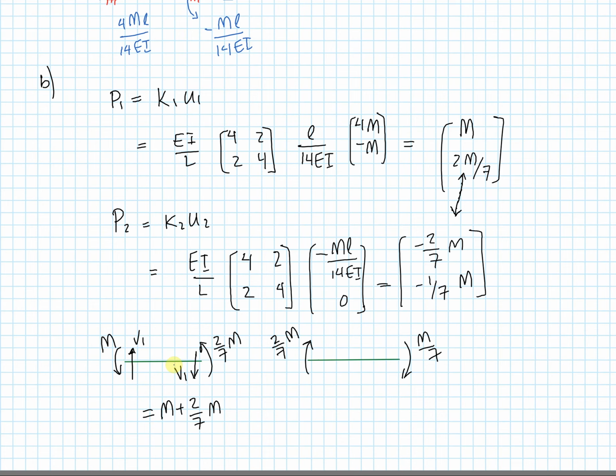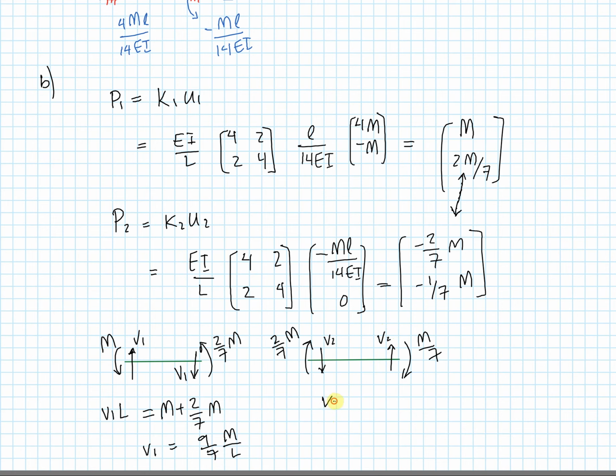So these are shear forces that are counteracting the moment, and we got V1 length L. And V1 is going to equal 9 over 7 m over L. At the same time, I got a V2 going down here and a V2 going up here.